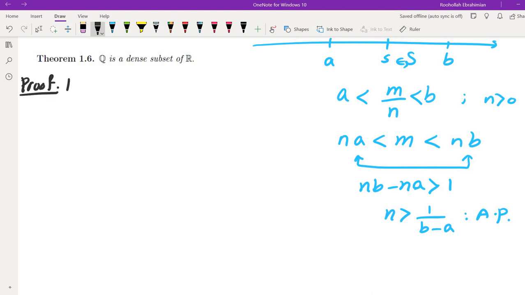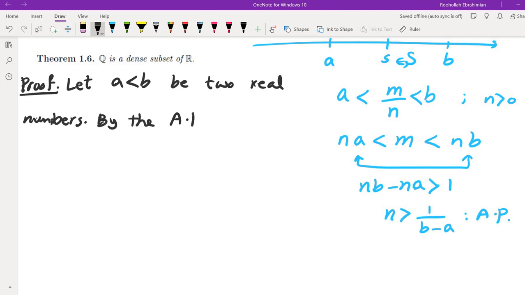So let a less than b be two real numbers. So we're going to start from two real numbers. Now, by the Archimedean property, there is an integer n such that n is more than 1 over b minus a.